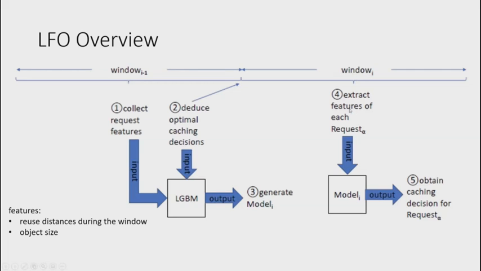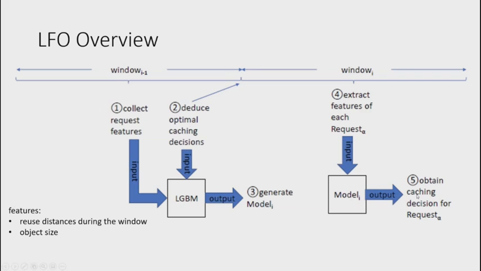During the next window, as each request comes in, LFO extracts the feature of that request in terms of the size of the requested object as well as the reuse distance of that object since the beginning of the current window. These two pieces of information are fed into the model that was created at the end of the previous window.